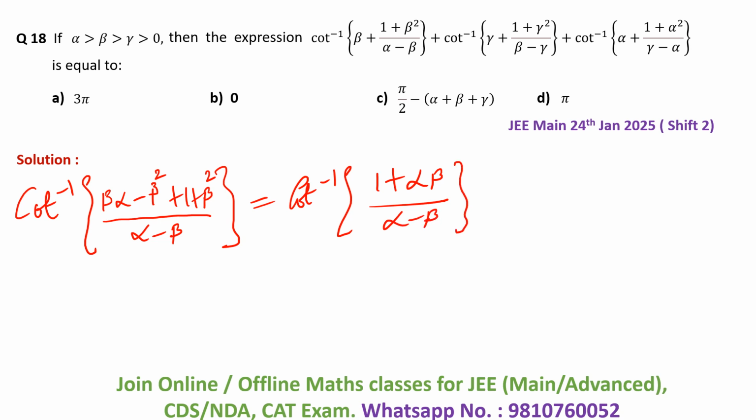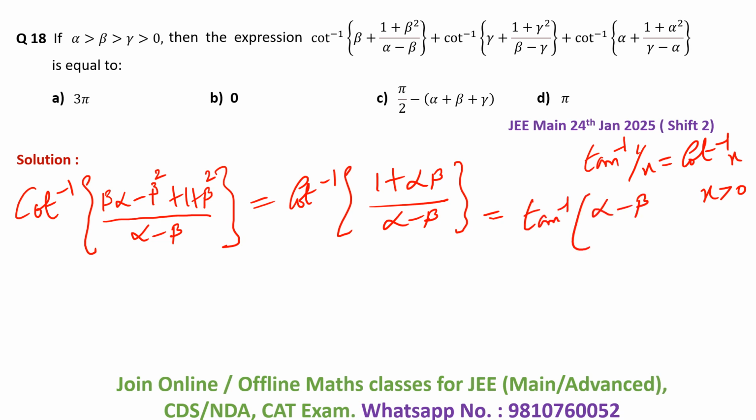Now students, we know that tan inverse 1/x is equal to cot inverse x whenever x is positive, right? So with the help of this formula, I can write cot inverse of (1 plus alpha beta)/(alpha minus beta) as tan inverse of (alpha minus beta)/(1 plus alpha beta).